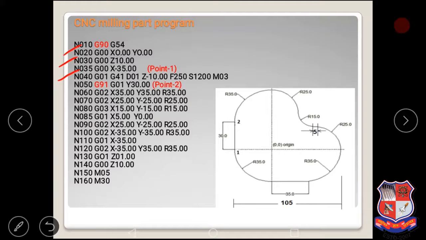Here, to reach point 1 from the origin we have to travel the tool 35 mm linearly. So we wrote X minus 35 because the tool travels in the leftward direction from the origin in X direction, not in Y direction. So the coordinate value is given to X only.